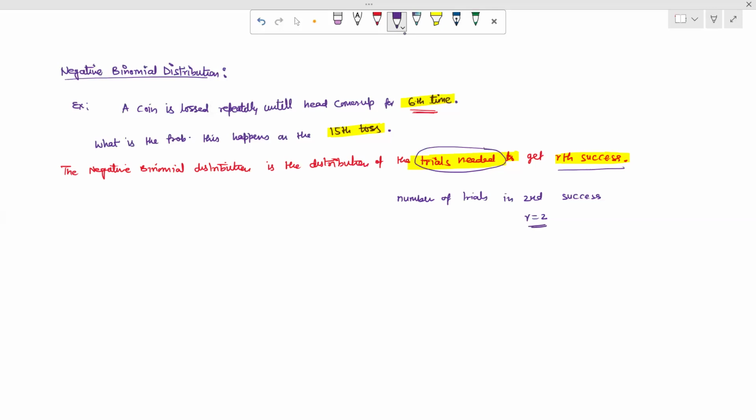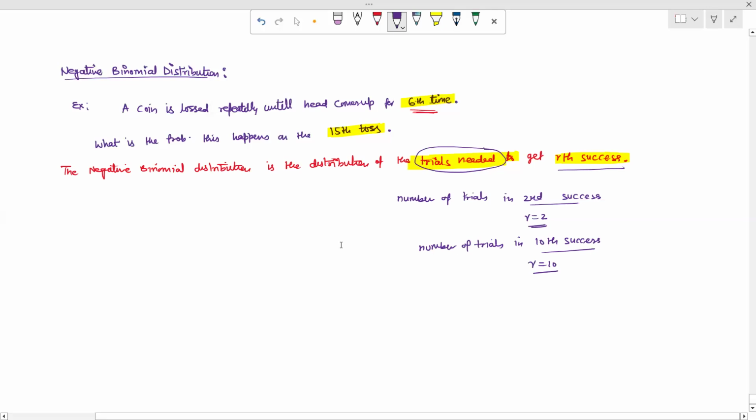The number of trials for the 10th success, so here we have r equal to 10. Our success is fixed: the second success and the 10th success are fixed. But the number of trials is not fixed here.